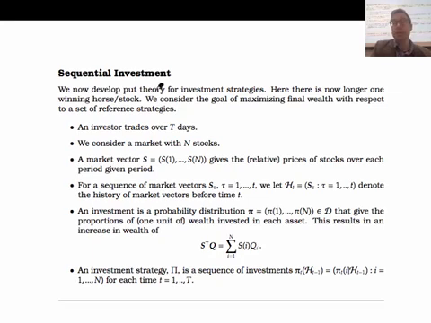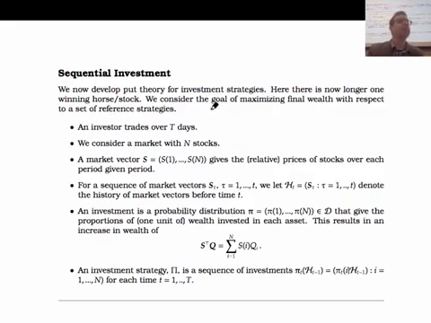So we're now going to develop the theory that we considered for prediction in the previous one, and consider it for the problem of investment. Before we were considering prediction, now we're considering investment. So now we put forward a theory for investment. There's no longer going to be one winning horse or stock. We're going to consider the goal of maximizing final wealth with respect to a set of reference strategies.